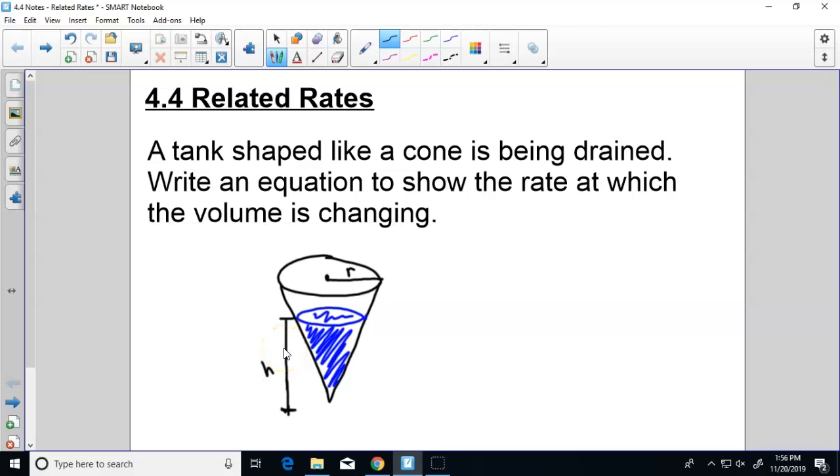H. Really, I shouldn't put the R where I put it. Let's put R right here on the surface of the water.